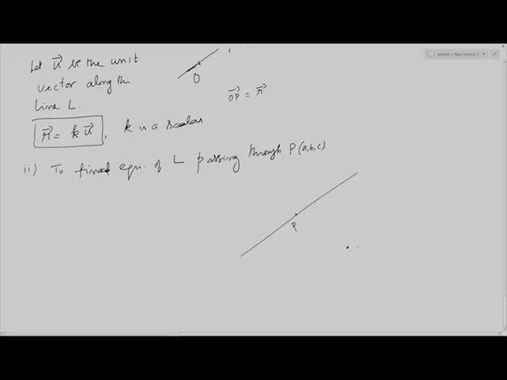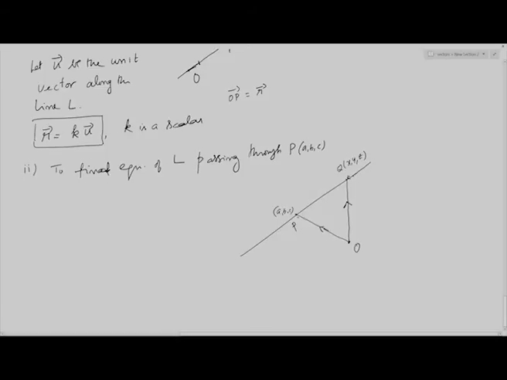Assume that this is the origin, and we know OP is the position vector of P, which is equal to ai plus bj plus ck. Now, I am taking one arbitrary point Q, which is equal to (x, y, z). The position vector OQ is xi plus yj plus zk.